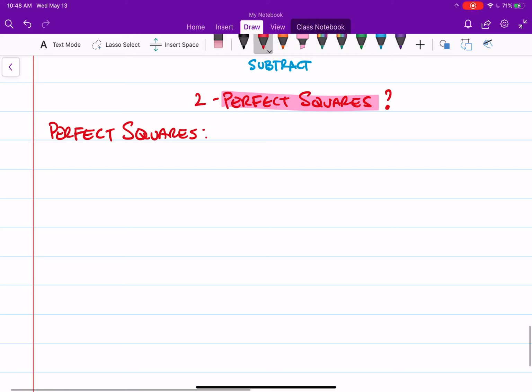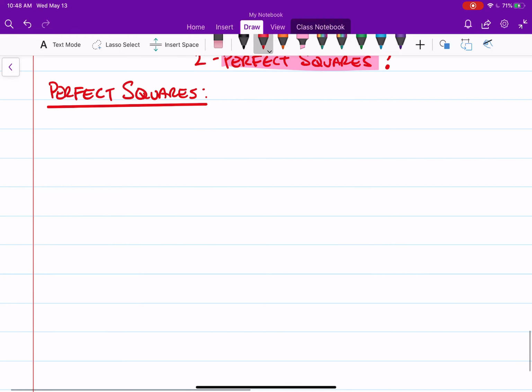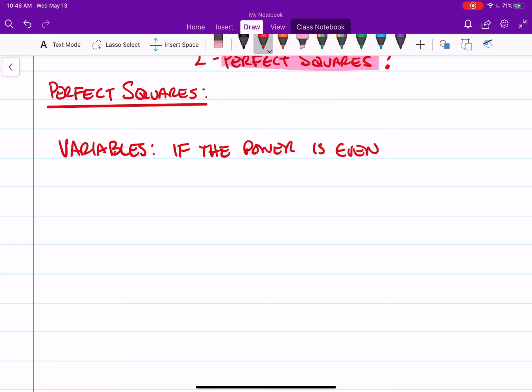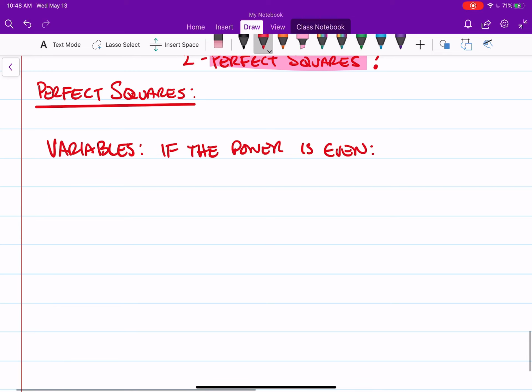So for variables, it's really easy. So essentially with variables, if the power is even, okay, if the power is even, then it's a perfect square.